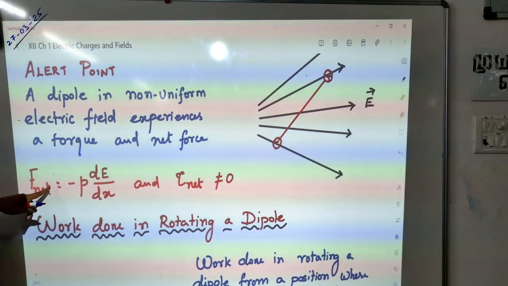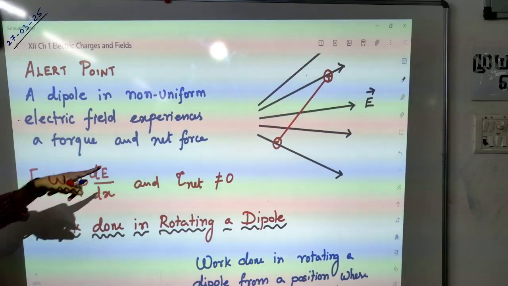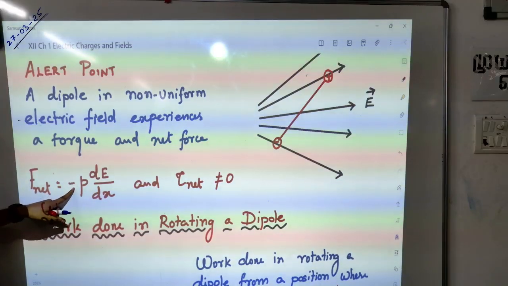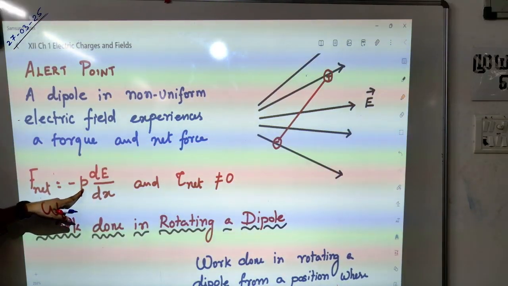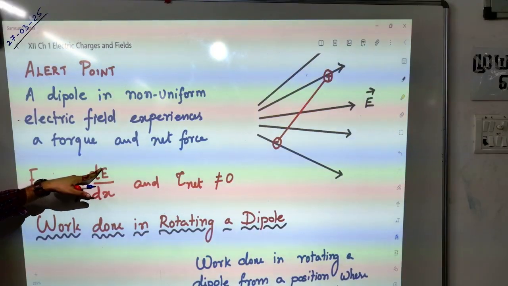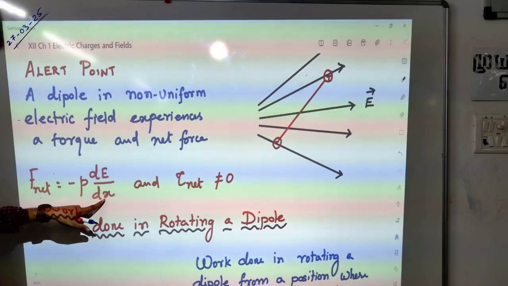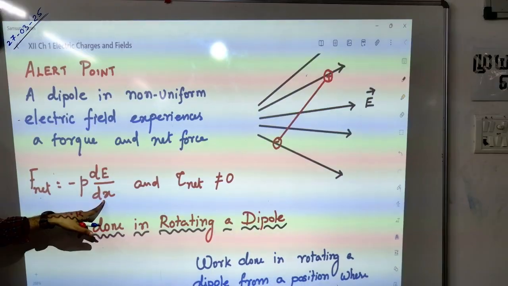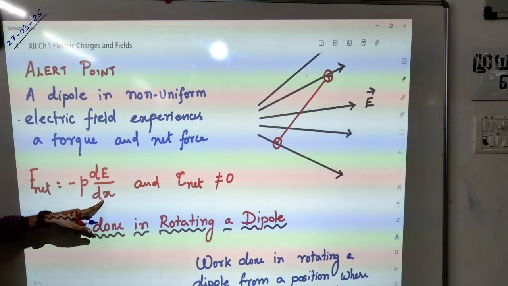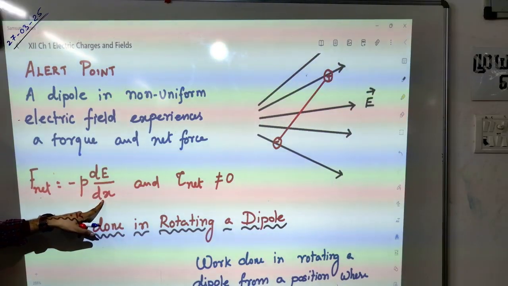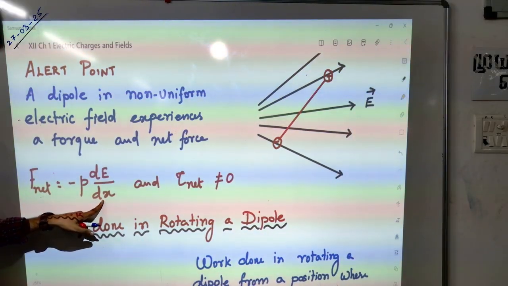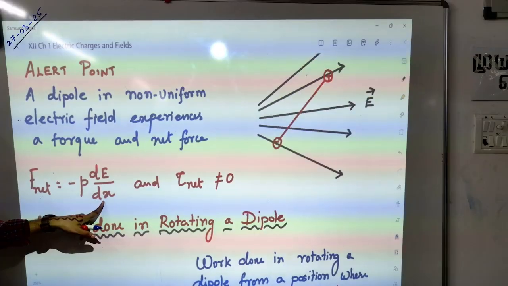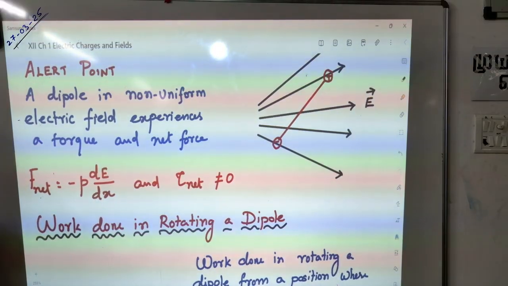The net force acting on the dipole in a non-uniform electric field is given by this formula: minus of the dipole moment multiplied by the change in electric field with respect to change in position. Because from position to position the electric field should vary. It is non-uniform, so from one place to another it must be variable. Noted?